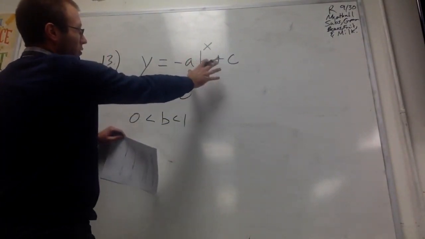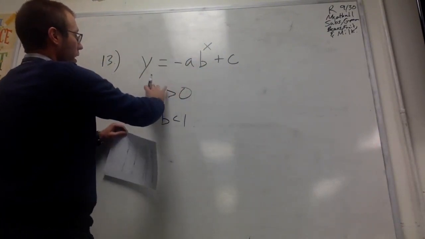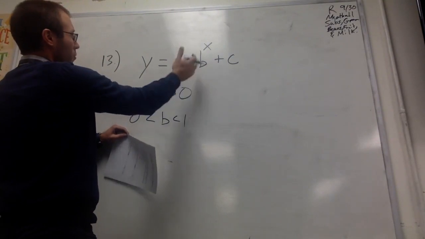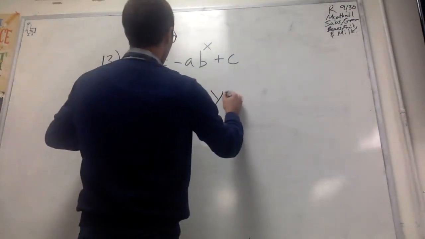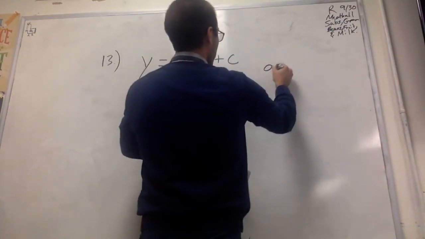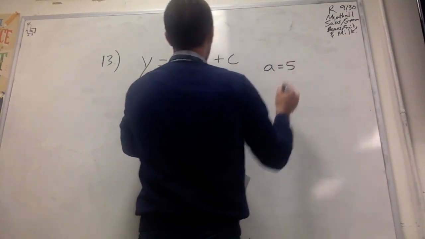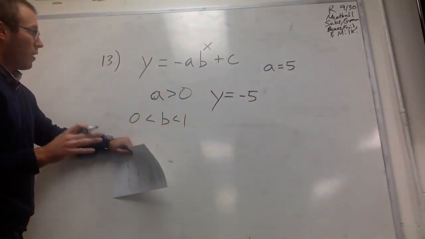We have all these variables here, which is great, but I want to see what this thing kind of looks like. So a is a value greater than 0. I'm going to replace a with an easy integer like 5. So y equals minus 5. I'm going to write a little note to myself. A is 5 here. So a is a value greater than 0, so you got that.